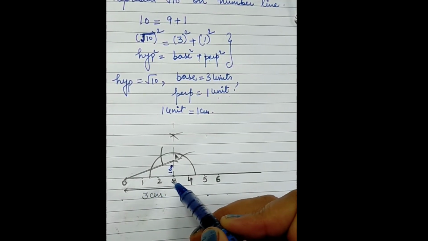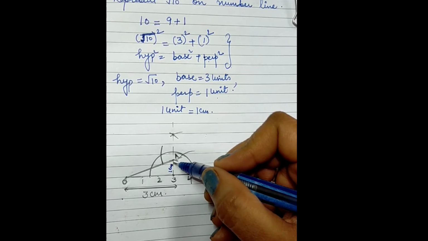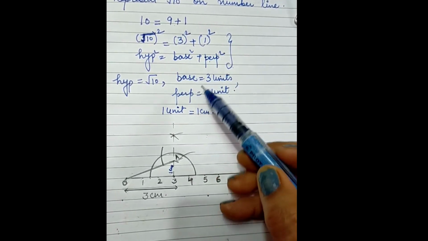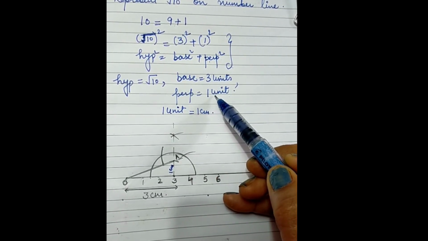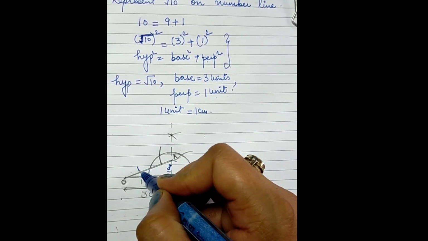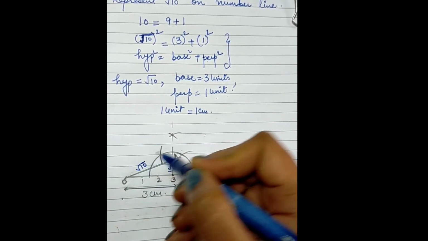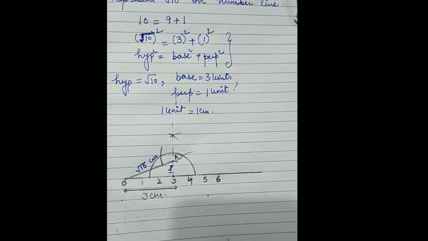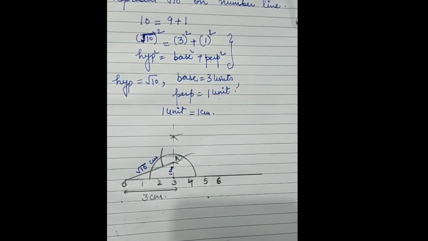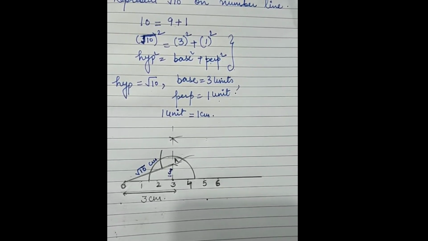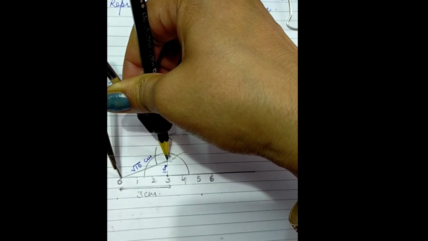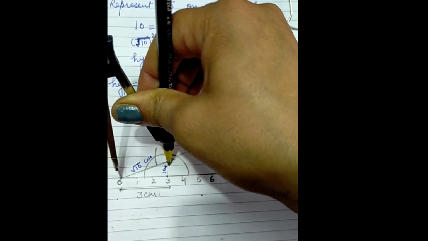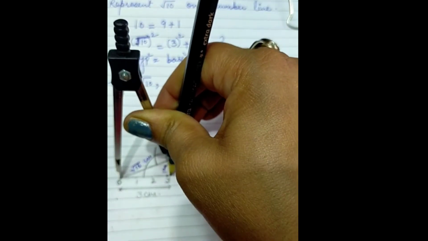Base is 3 centimeter and perpendicular is 1 centimeter as written over here. That means hypotenuse will be root 10 centimeter. Now we are going to measure OA and then we'll draw the required arc on the number line. We will measure up to A. Now we have to draw this on the number line.